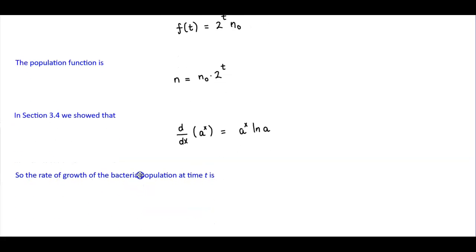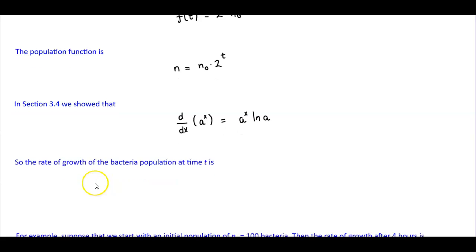So we can say that the rate of growth of the bacteria population at time t would be the following. We would then say that the derivative of n with respect to t is then equal to the derivative with respect to t of our initial population times 2 to the power of t.